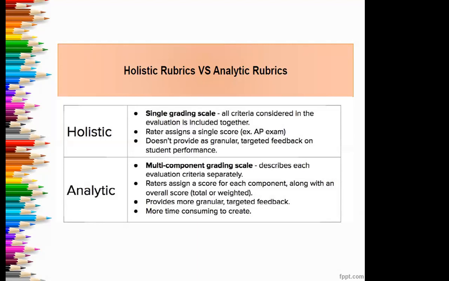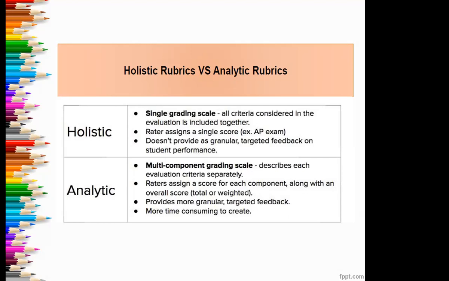Holistic rubrics versus analytic rubrics. Holistic: a single grading scale, where all criteria considered in the evaluation are included together. A reader assigns a single score. Example, the AP exam. It doesn't provide as granular, targeted feedback on student performance. Analytic: a multi-component grading scale that describes each evaluation criterion separately.